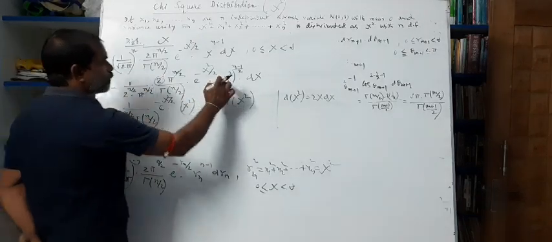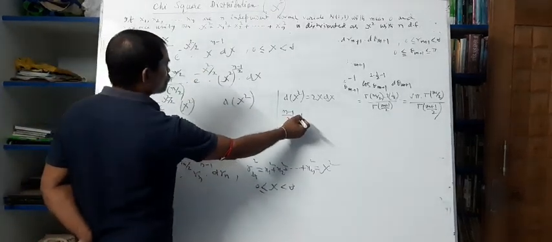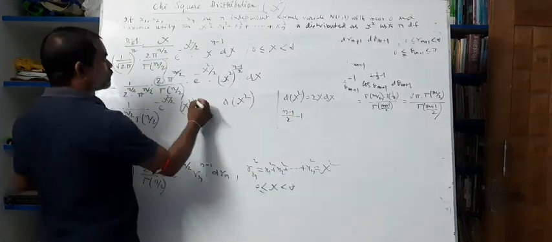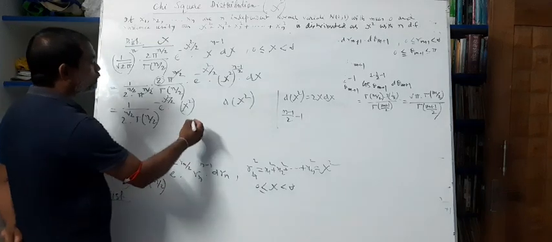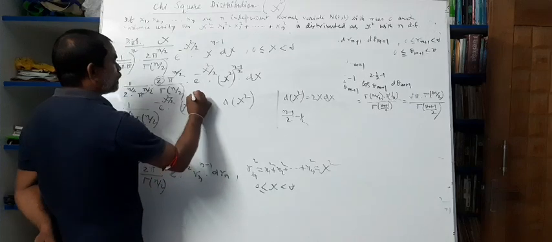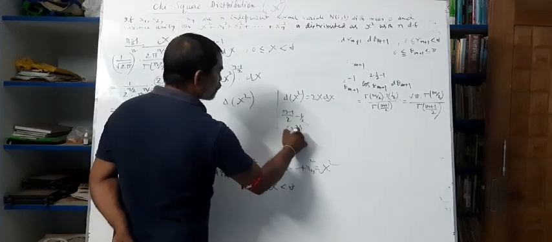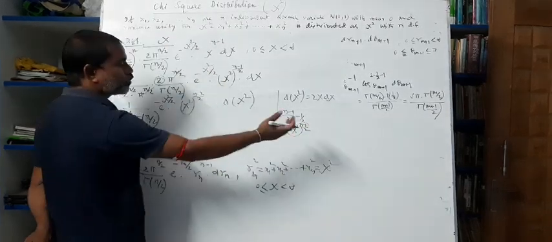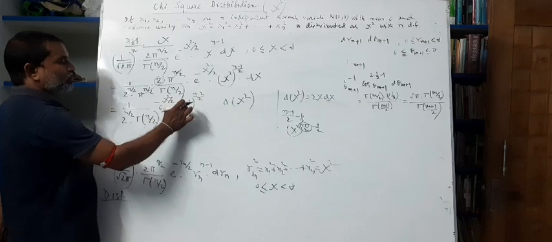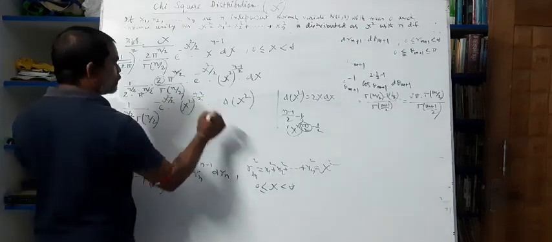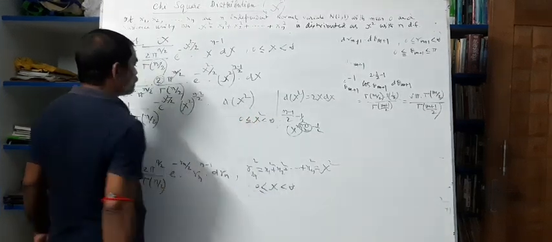From n minus 1 by 2 we remove 1 chi, then we get chi square to the power half, then n minus 2 divided by 2, because here we write chi square to the power n minus 1 by 2, and if we remove 1 chi, then it reduces only minus half, and therefore chi square to the power n minus 2 by 2 and d of chi square, where 0 less or equal to chi square less than infinity.